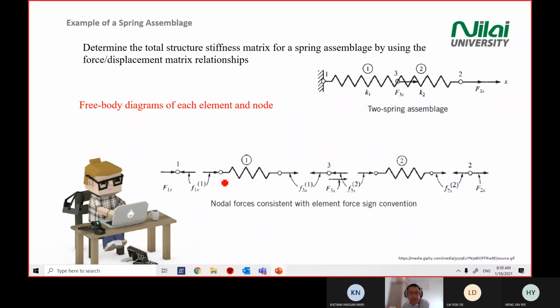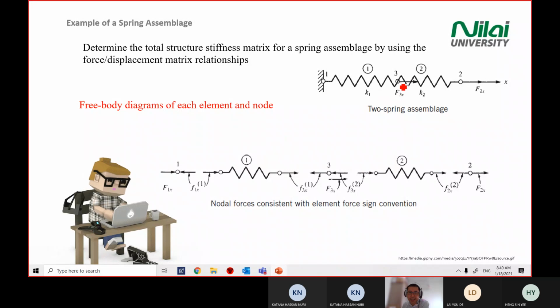Then you look at element 1. Element 1 has both sides. So you just counterbalance the force that you draw in the free body diagram. So this one goes to the left, so on this point, you go to the right. Now it comes to this point. If you look at element 1, point 3 goes to the left, right? There's an F3x for element 1 at this point.